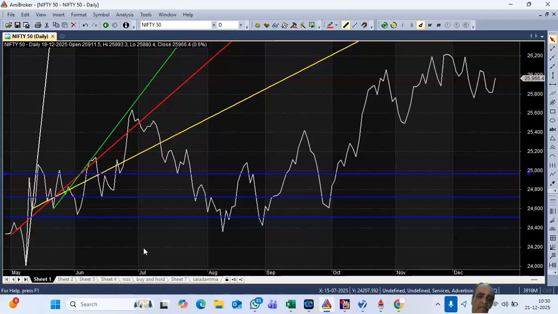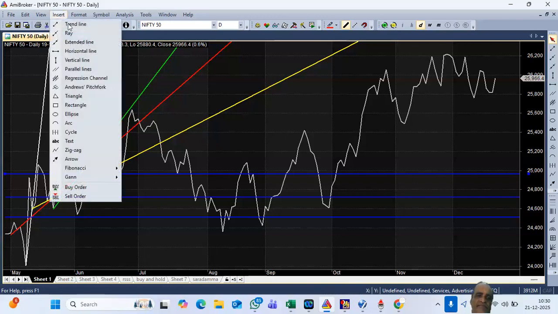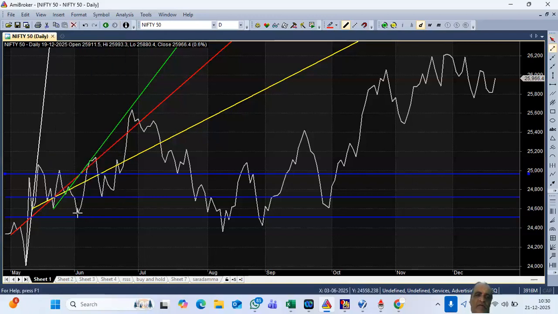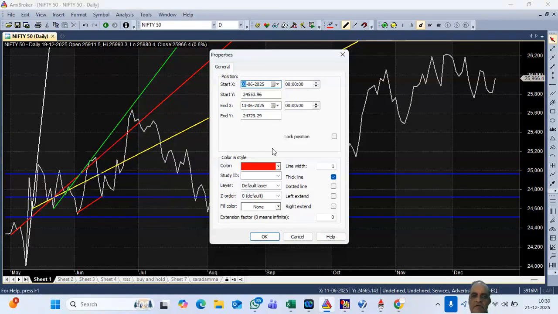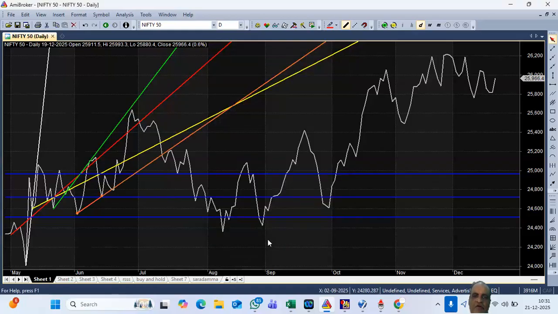So we have projected this into the future. And again, we have another bottom here and another bottom here. We will connect them also. What I do, I will take orange and extend it to the right. Now you can see for yourself.